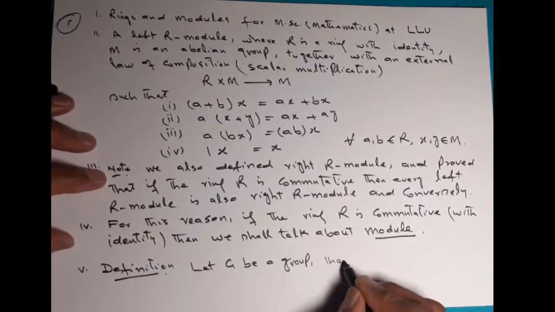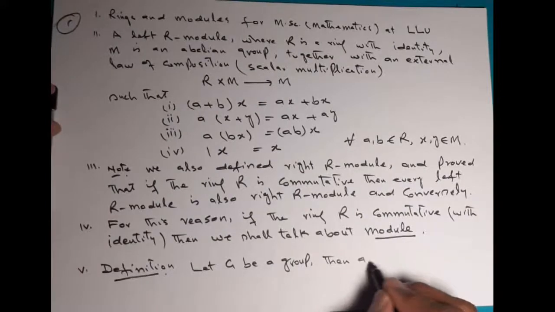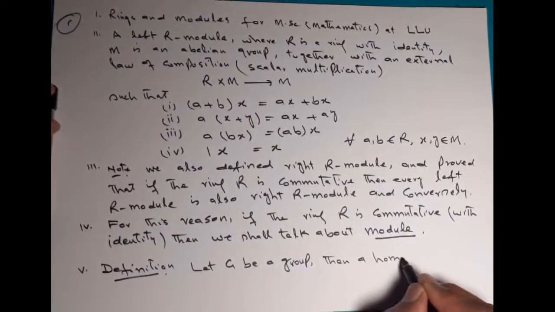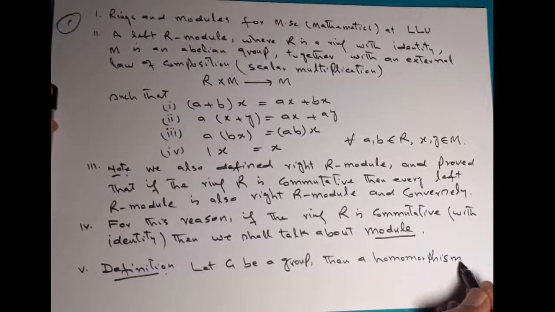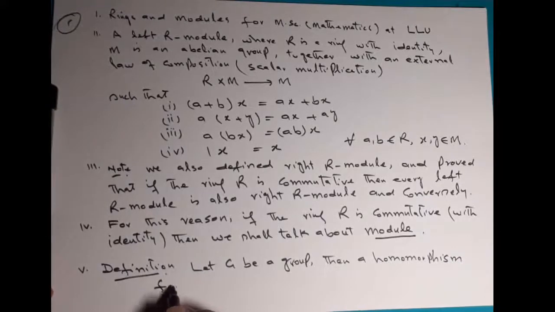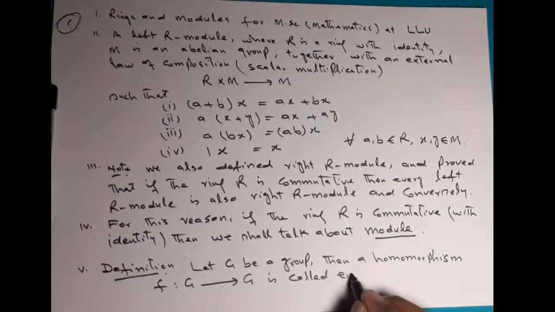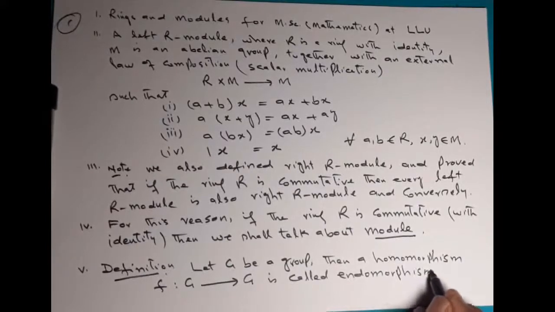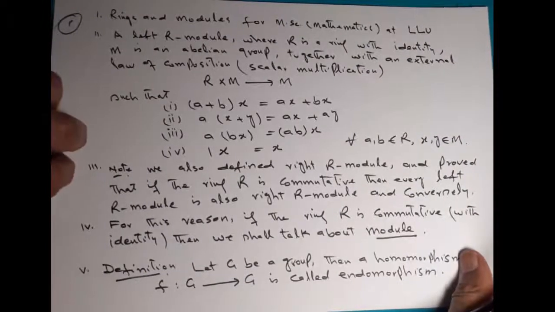Then a homomorphism F from G into itself is called an endomorphism. So a homomorphism of a group into itself is called an endomorphism.